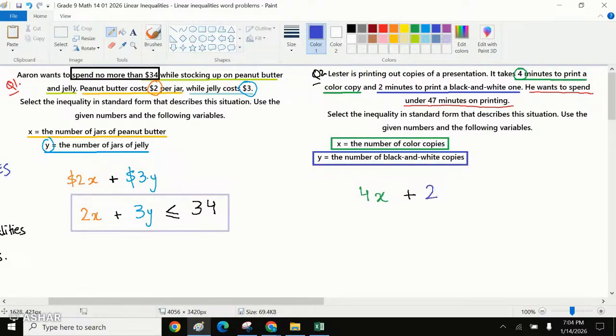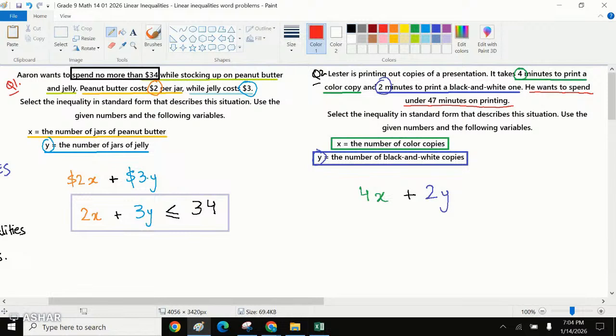2 minutes each, right? 2 minutes each for black and white. So this is the total time that he would be spending on making printouts, right? The question says 4x plus 2y, that is 4 minutes per color copy plus 2 minutes per black and white.